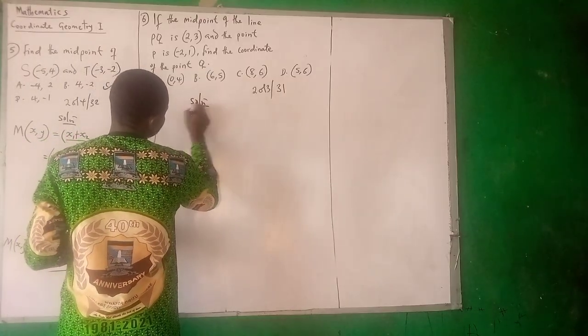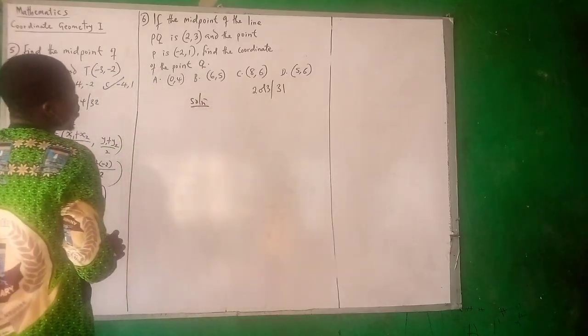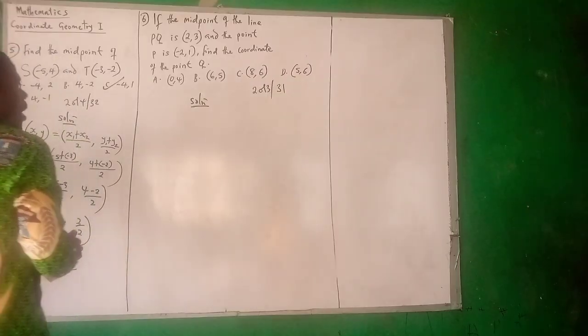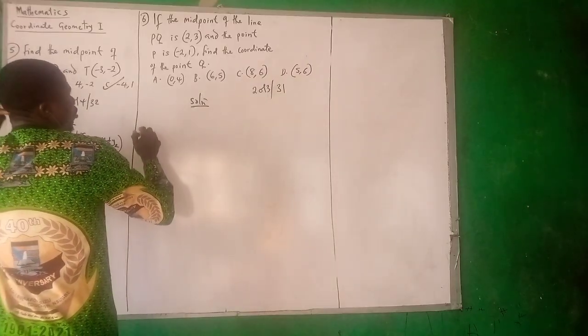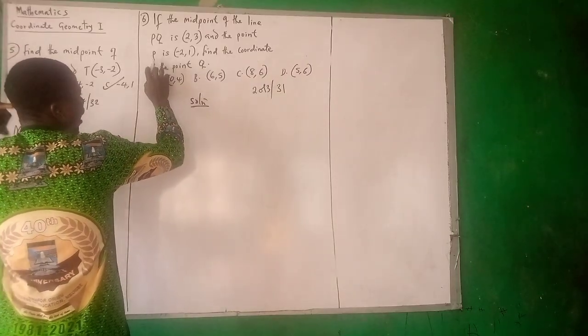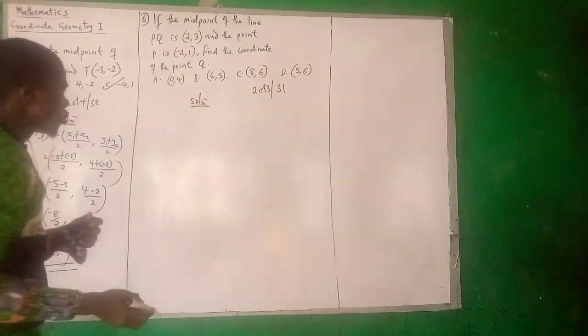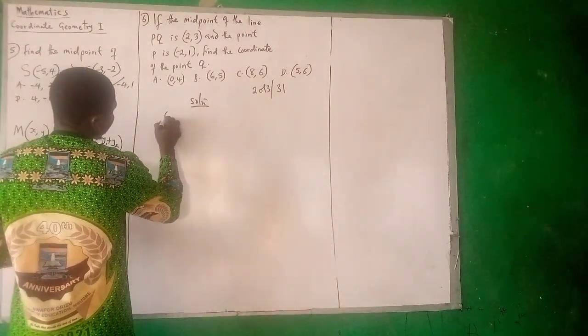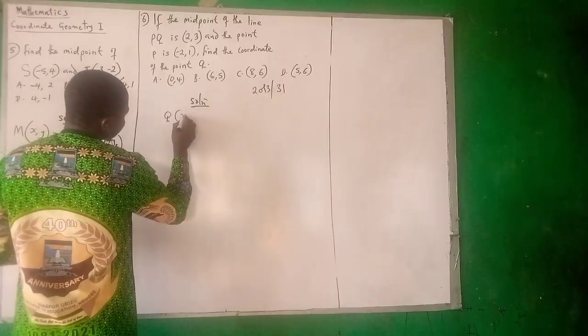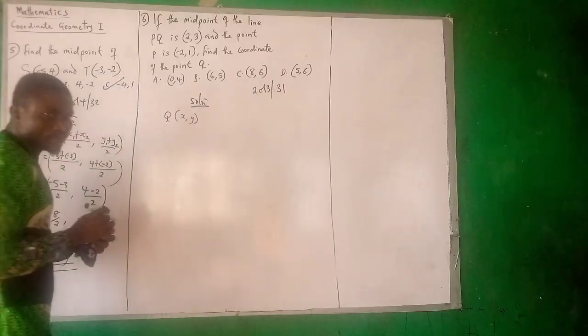Solution. Now, since we are given a coordinate of P and you don't know Q, you can select the coordinate of Q to be x, y, right?